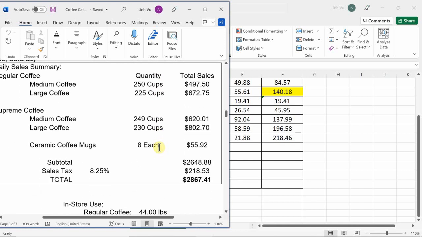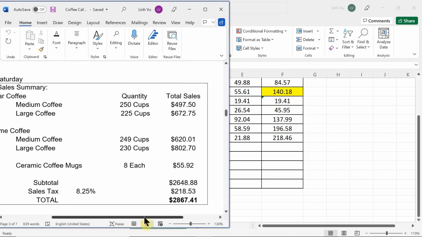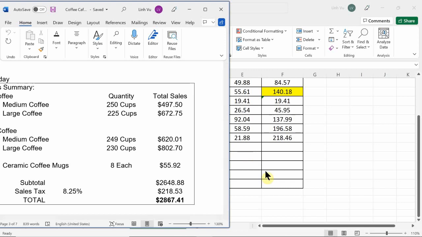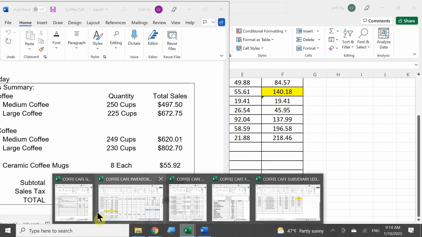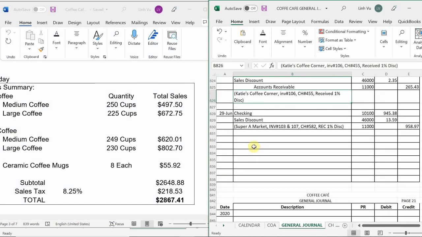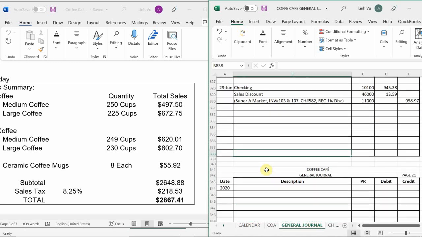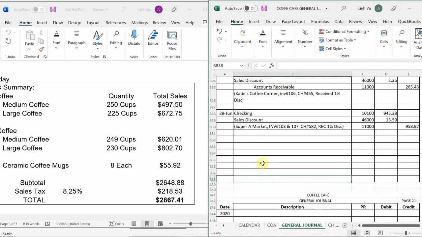Now we have our daily sales for the 29th of June. Okay, so in this case, let's see. We don't have enough space here for our sales to be recorded, right?